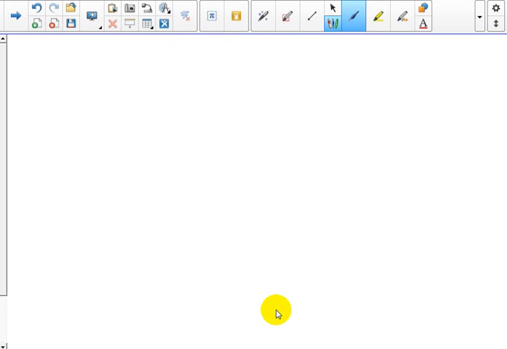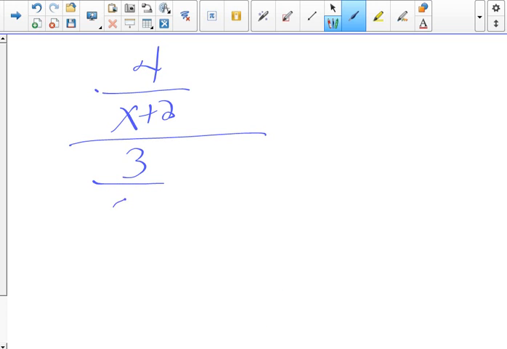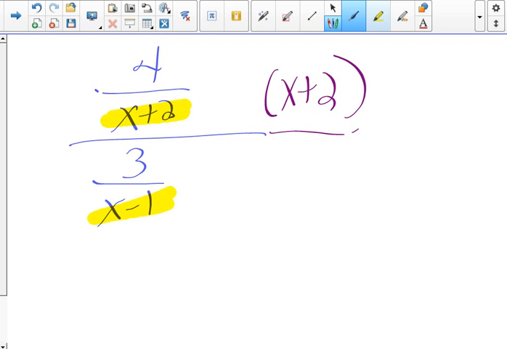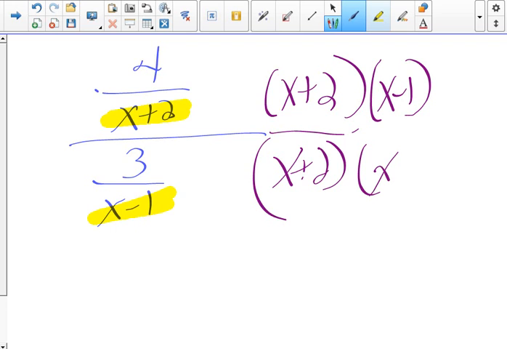The last one, I'm not going to work the whole thing, but you had 4 over x plus 2 divided by 3 over x minus 1. So you know you're going to multiply both sides by x plus 2 times x minus 1. Well, actually, I can work the whole thing. x plus 2 times x minus 1 over x plus 2 times x minus 1.